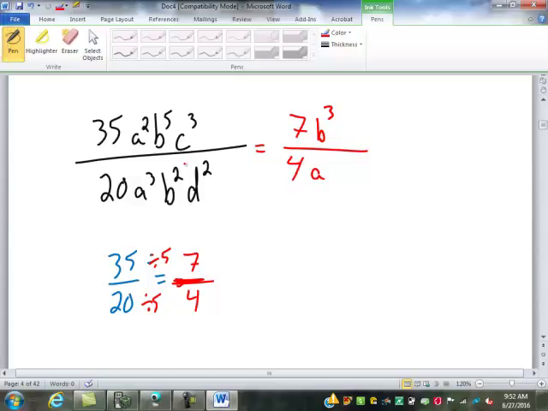What's next? C goes where? Top. What power? 3. There was no other C's to deal with. And then D on bottom, and it's D squared because there's no other D's to deal with.